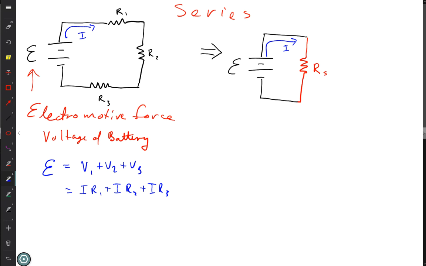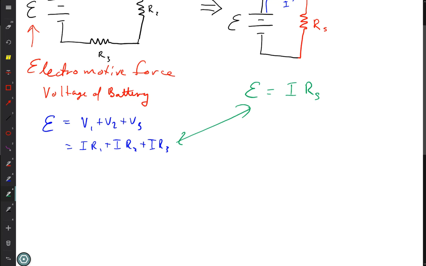Now over here, I have the EMF is equal to I times the equivalent resistance. Well, if it's the same EMF and the same current, I set these two equal to each other, and I end up with I R series is equal to I R1 plus I R2 plus I R3.